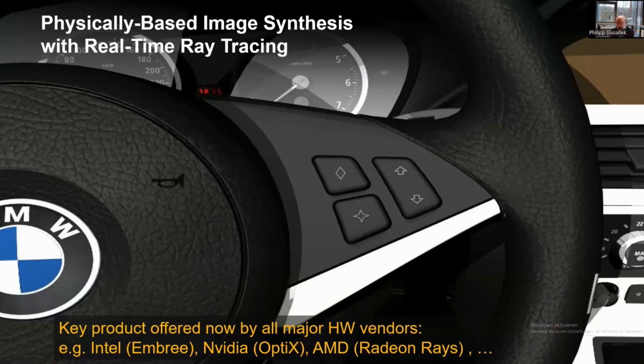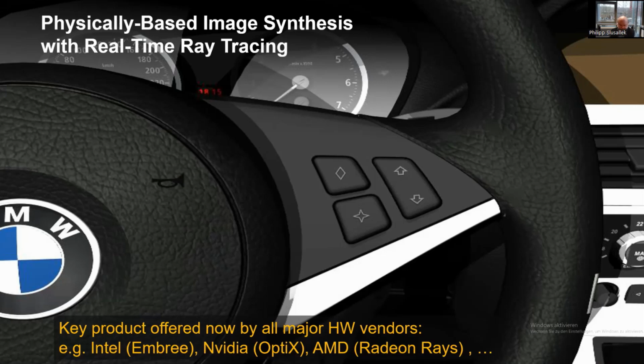More on the graphics side, we've done a lot of work on real-time ray tracing. This is a technology that we majorly helped develop in the beginning of the 2000s. This is a technology that is now provided in terms of tools and products by NVIDIA, with AMD and also Intel, the Embree toolkit, a real-time ray tracing toolkit.